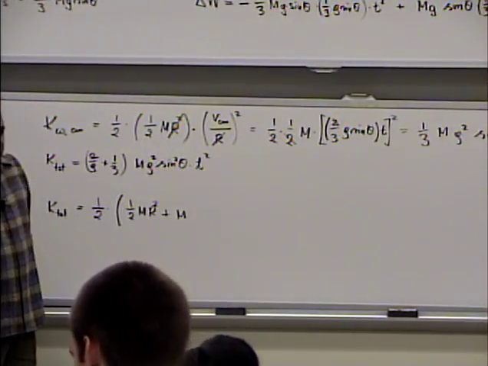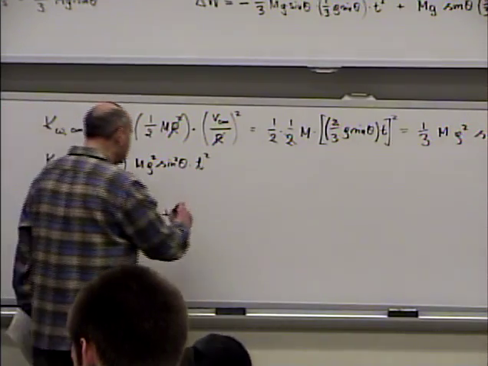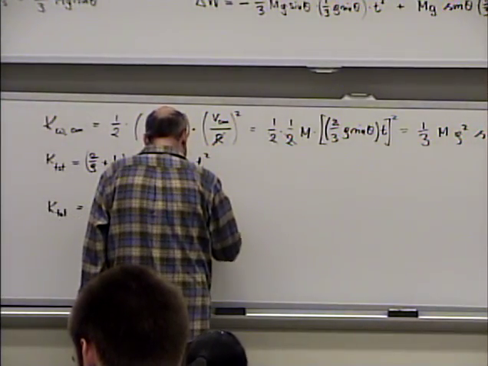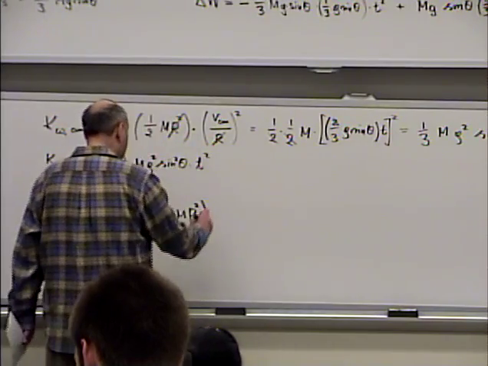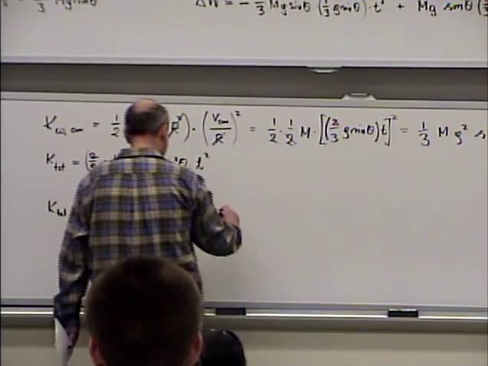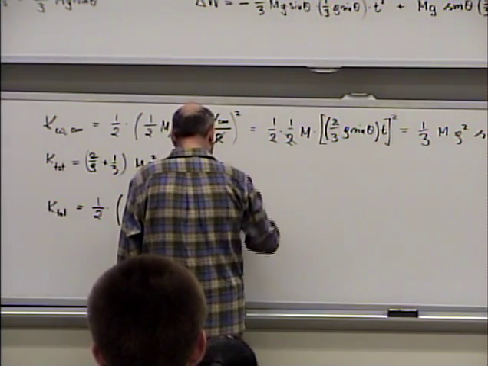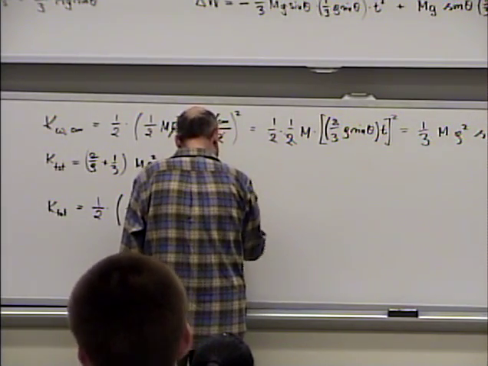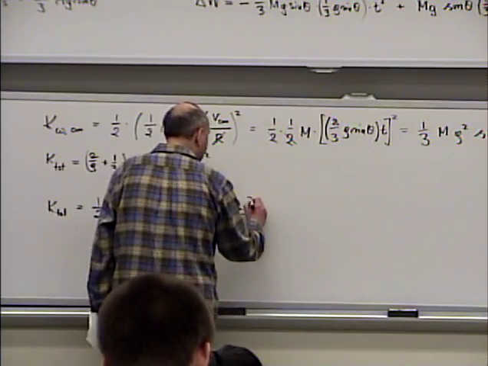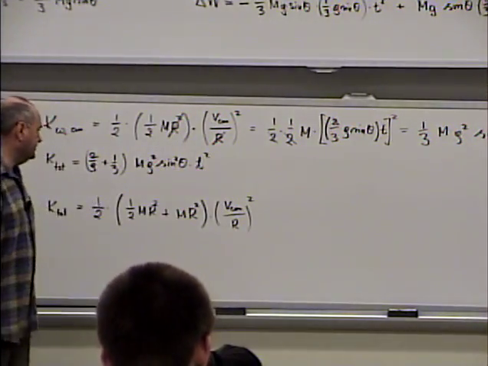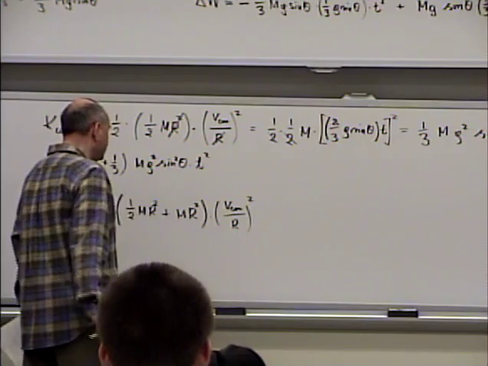How far are the axes? By distance r, the radius of that circle, correct? And now I have to multiply it again by square of angular velocity, which is related to the motion of the center of mass.